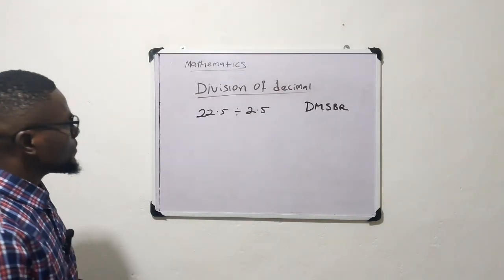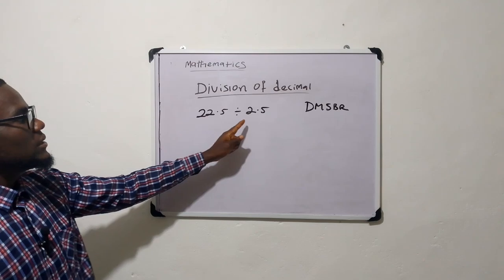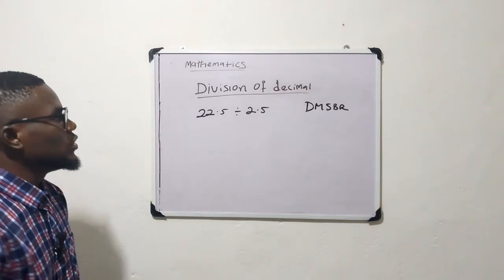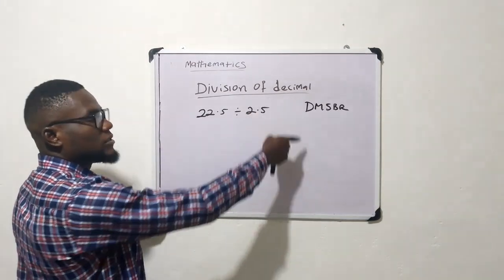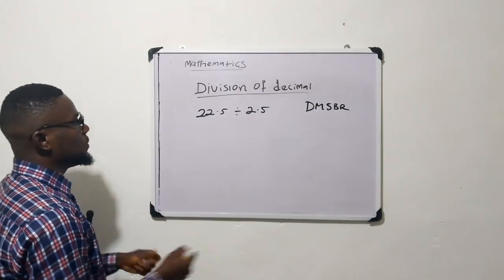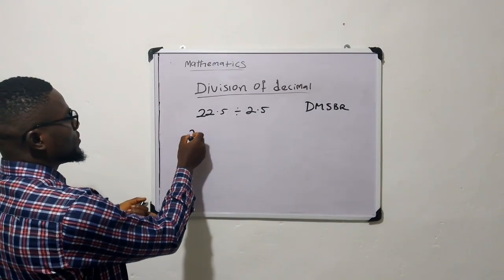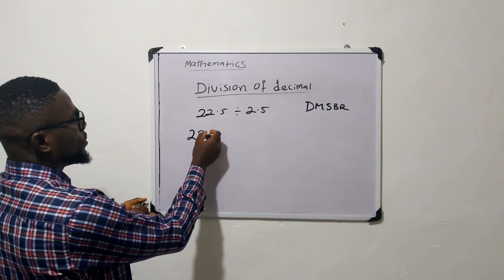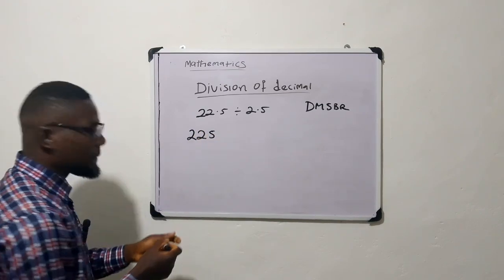Now, if you want to convert this 2.5 into a whole number, what are you going to do? You have to move this decimal point to the right. When we do so, we have 25.